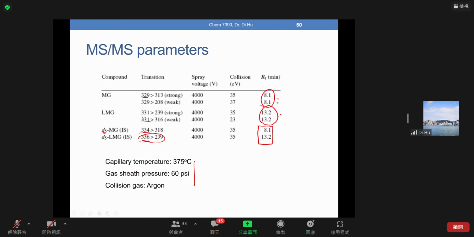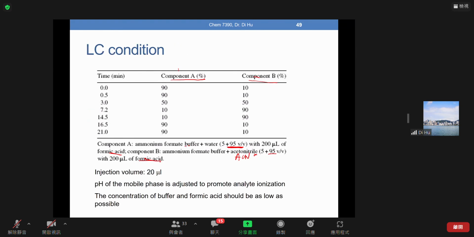Okay, 8.1, remember, and 13.2. What is the mobile phase condition? Look at the table here.